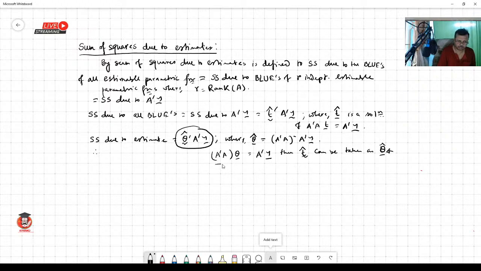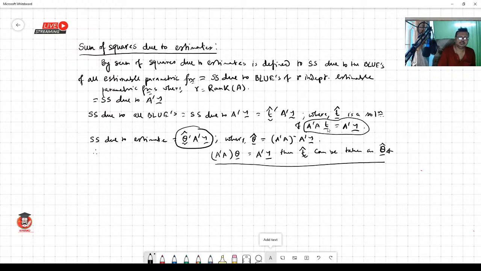So for this fact we can write SS due to estimate is theta hat prime A prime y, where theta hat is equal to (A prime A) g-inverse A prime y. Again I repeat, this is the same as the normal equation of the linear model.